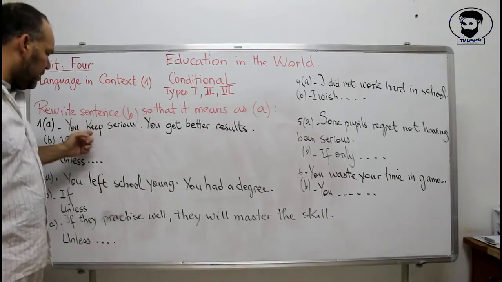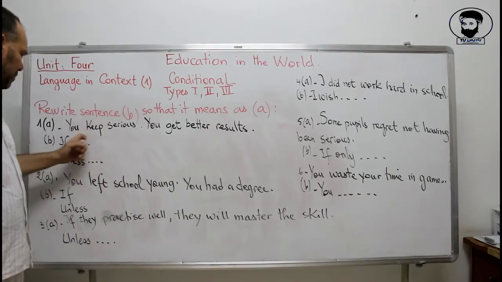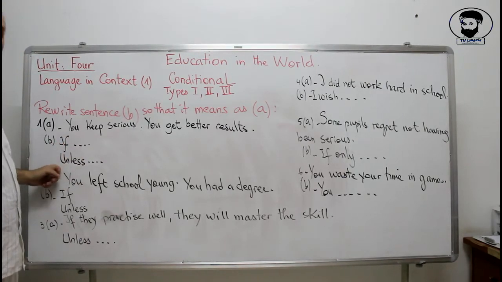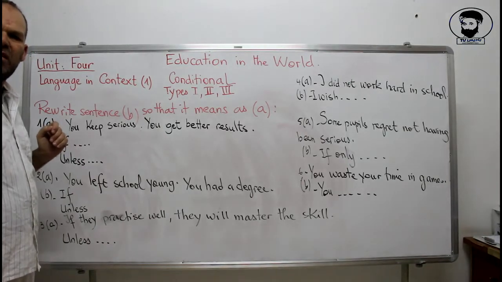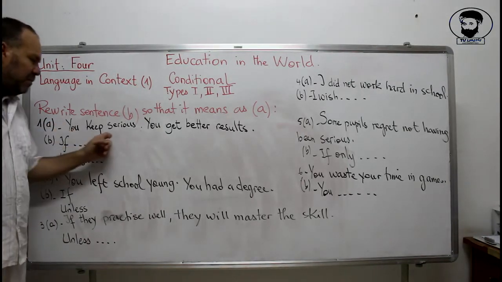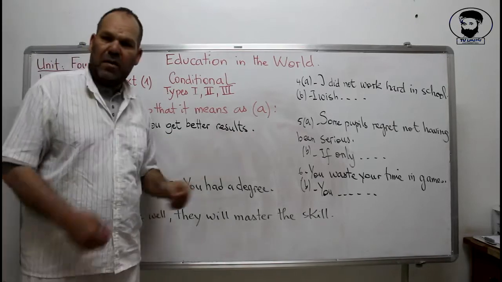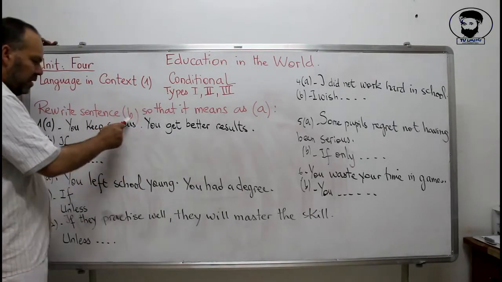This sentence is given to you in the bac exam, for example, and they propose you if, and I propose you unless, to make the difference between the two forms, if and unless. Now, you keep serious, you get better results.